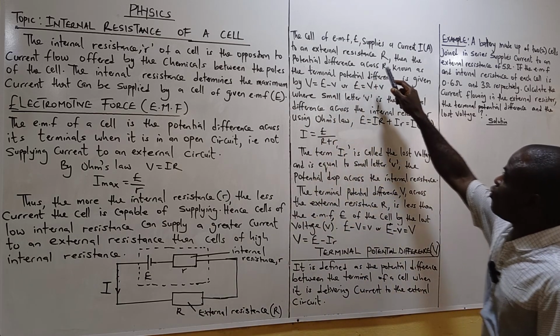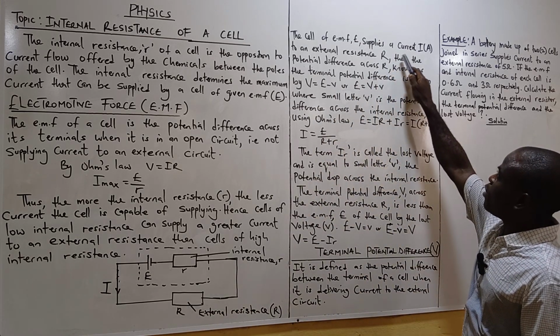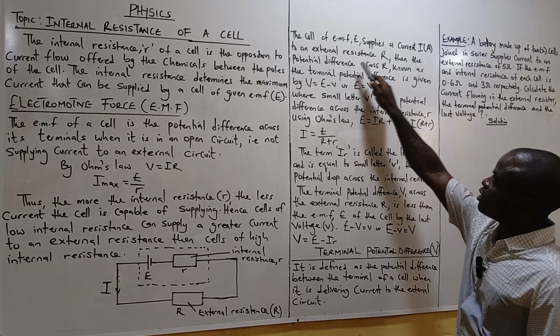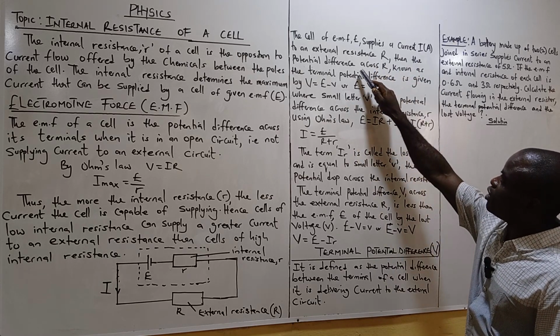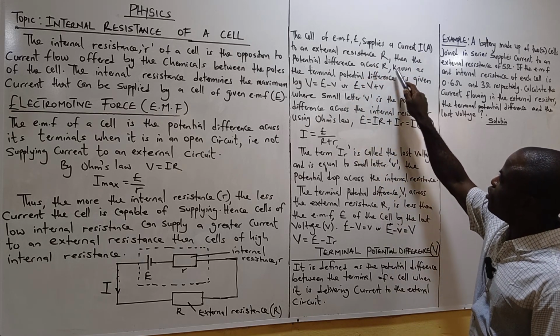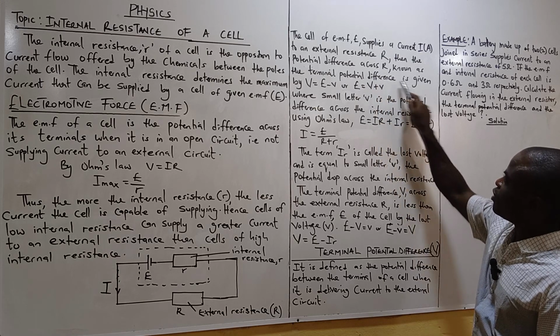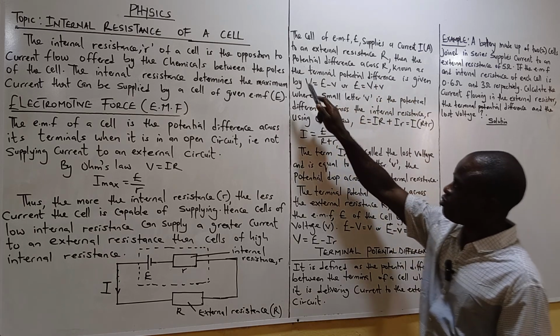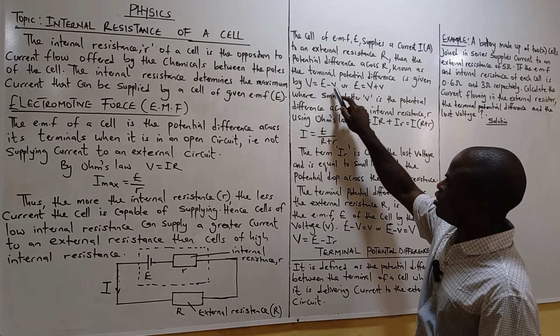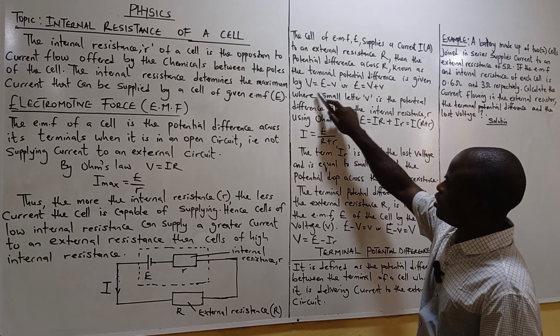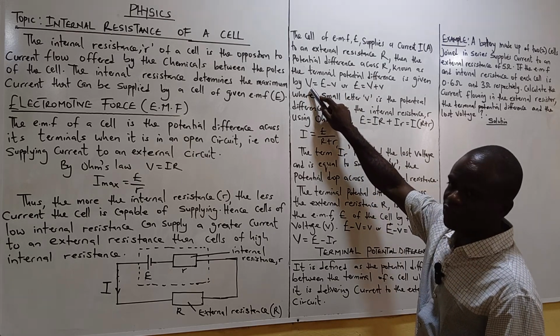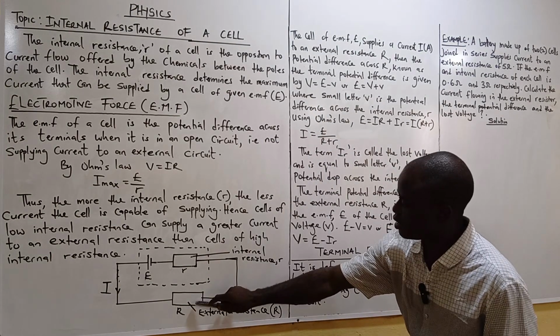Now the cell of E.M.F E supplies a current I to an external resistance R. Then the potential difference across R, known as the terminal potential difference, is given by, you can see, this is the E.M.F, this is the lost voltage, and this is the terminal potential difference that is taking place here.